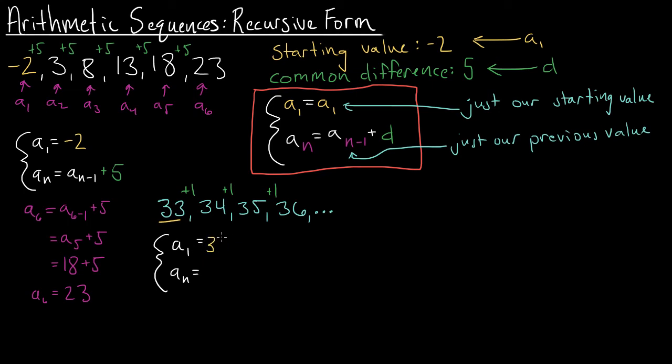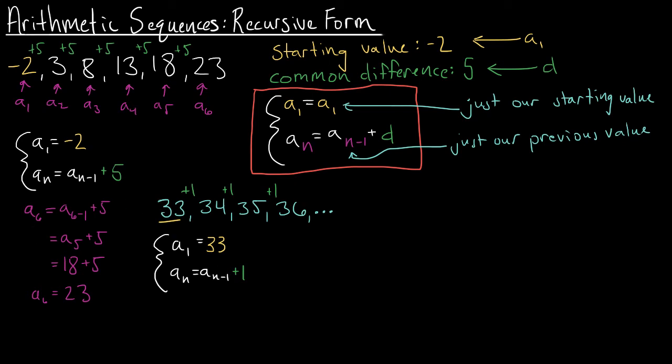And then a sub n is equal to the previous term, the term immediately before n, so it's a sub n subtract 1. And then our common difference is 1, so it's just plus 1. And this piecewise function, these two equations, describe this entire sequence. Remember, you're just starting at 33, counting up by 1 each time.